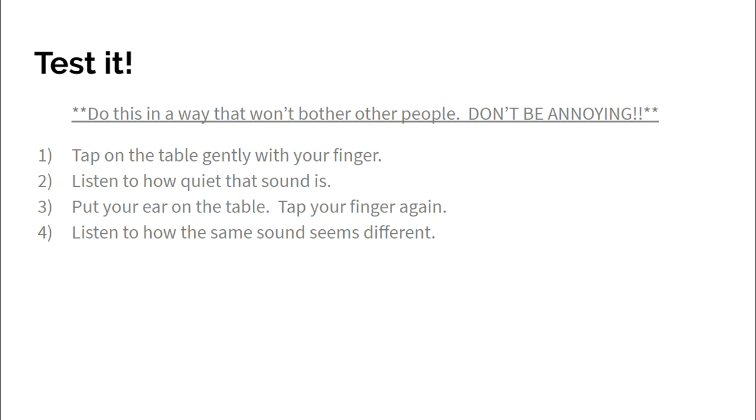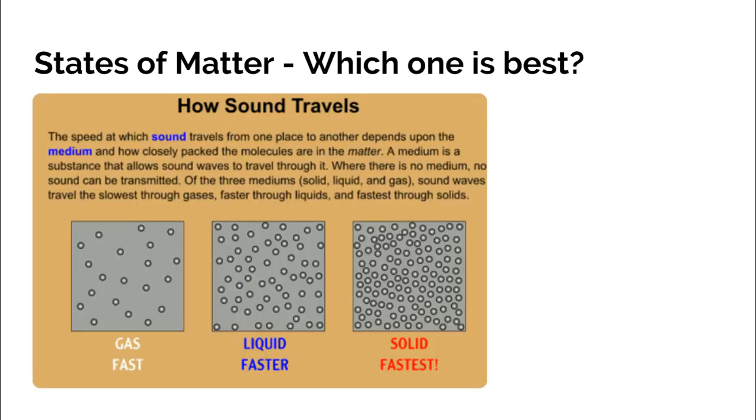If you did it, then you would have noticed that the sound, even though you tapped your finger the same way and made the same sound wave, it sounded a lot different when you listened through the table. Now, we've got a couple experiments after the break that are going to show all of this in a different way. But today, the big takeaway is that sound waves can go through all kinds of different matter.